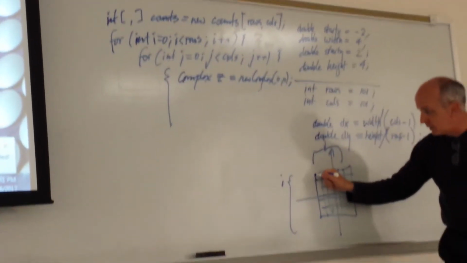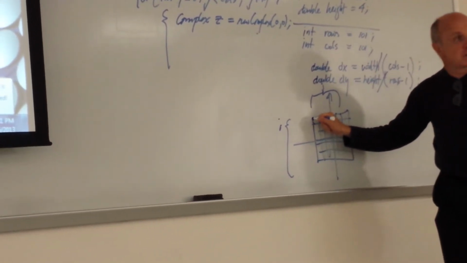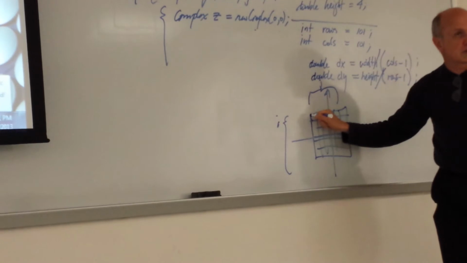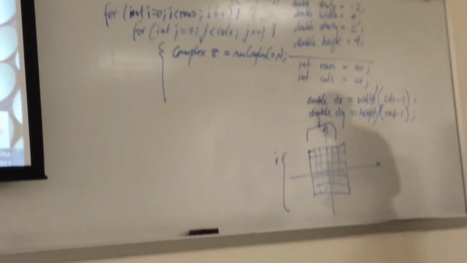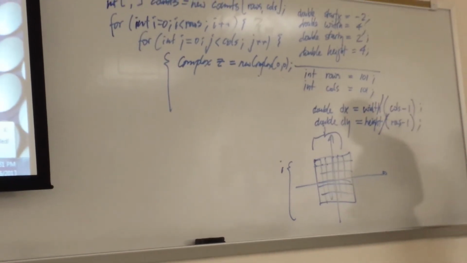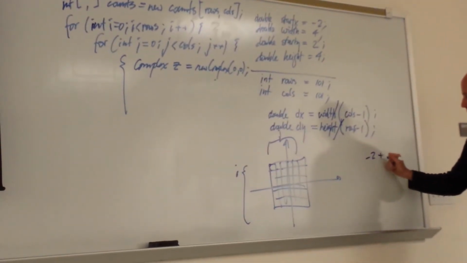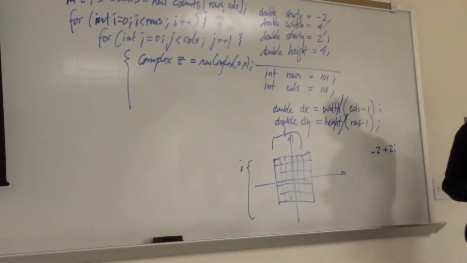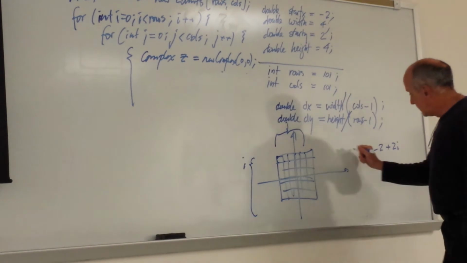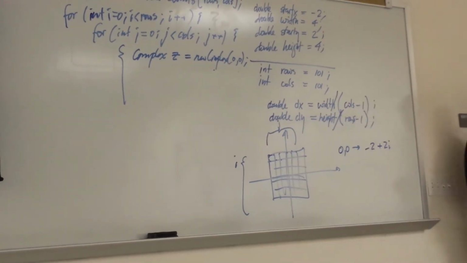So in the complex plane, that point right there is 0, 0 as far as i and j is concerned, the upper left corner of my grid. But in the complex plane, what complex number is it? In the x direction it's -2, in the y direction it's +2i. So in other words, 0, 0 has got to convert to negative 2 plus 2i.